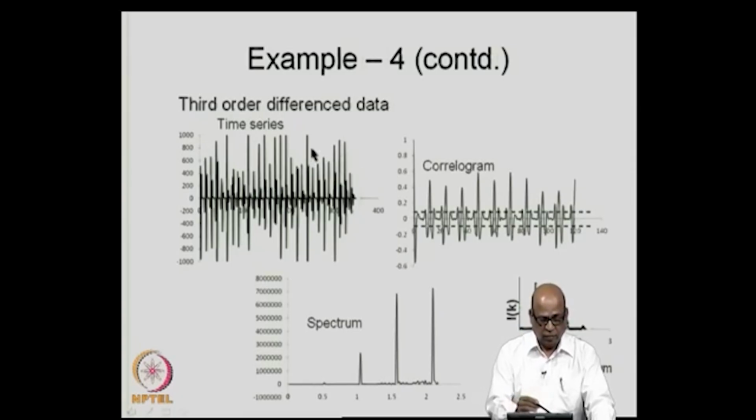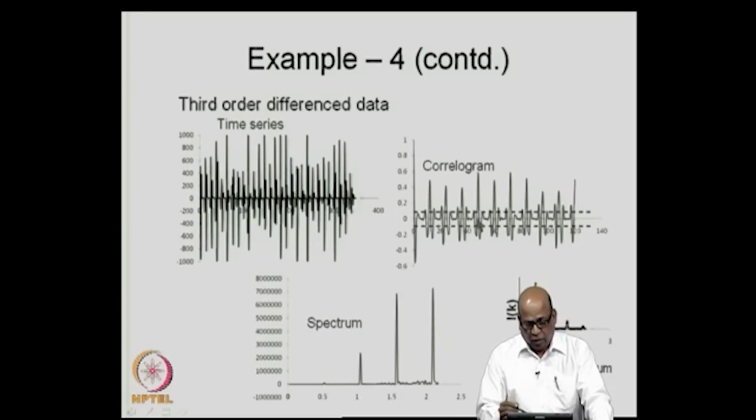You get the time series data like this, and the correlogram is like this. Again, these are the 95% significance lines. Recall that the 95% significance lines you form by taking plus minus 1.96 by root n, and for most practical purposes you take 2 by root n, that is plus minus 2 by root n, where n is the number of sample data, which in this case is 348.